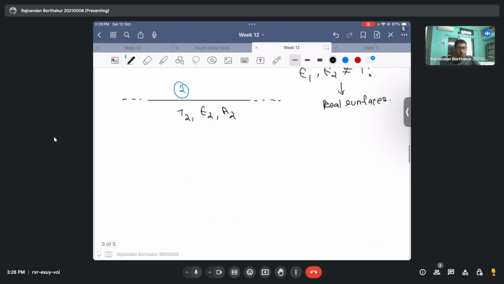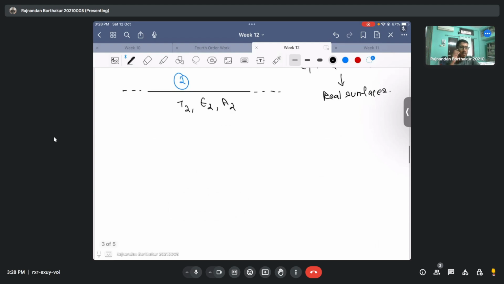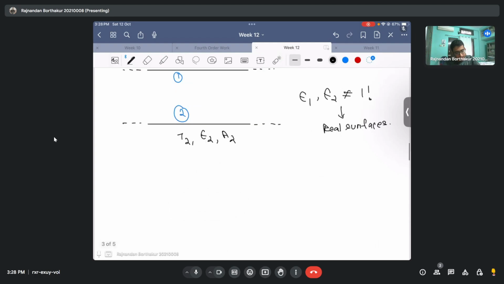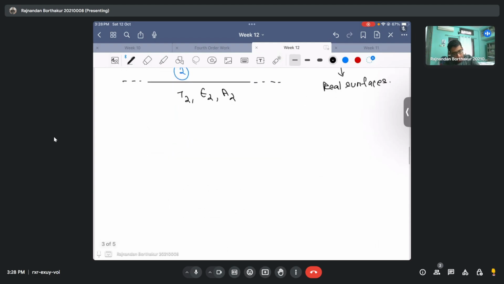What you need to do is first start off from the emissive power node of one of the surfaces. In this case, we start with surface 1, which we represent as EB1, and this EB1 is nothing but sigma times T1 raised to the power 4. Since surface 1 is a real surface, its emissivity is less than 1, of course.